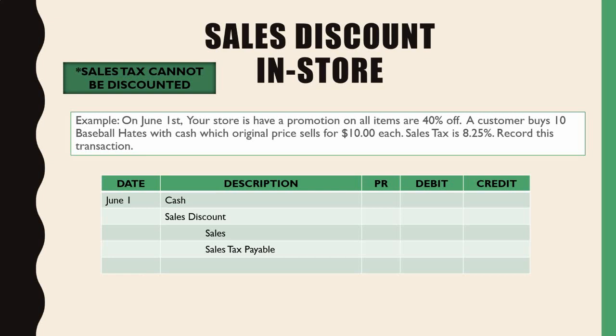So yes, even at a regular grocery store, a sales discount is always a separate line. They charge you full price, then the line underneath subtracts out your discount, and then they charge you whatever the amount is.